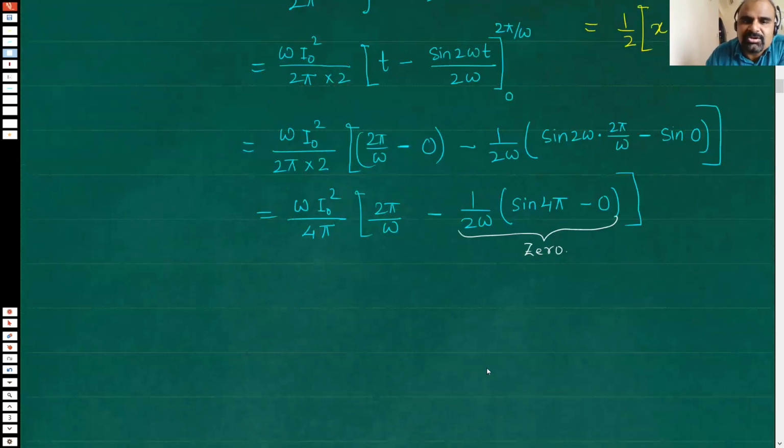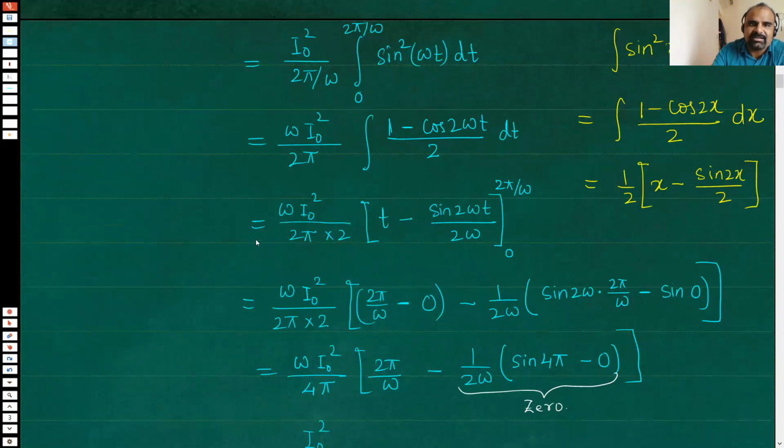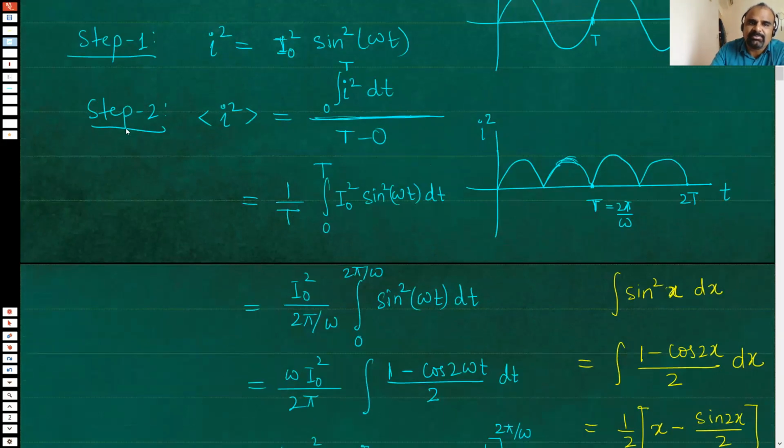And by the way, what we are finding till now, I'll write at the end of it. So this will get cancelled with this, and you'll have I naught square by 2. Can you see? This pi will get cancelled, omega will get cancelled, and 2 will be there. So what we are finding? We are finding step 2, this part.